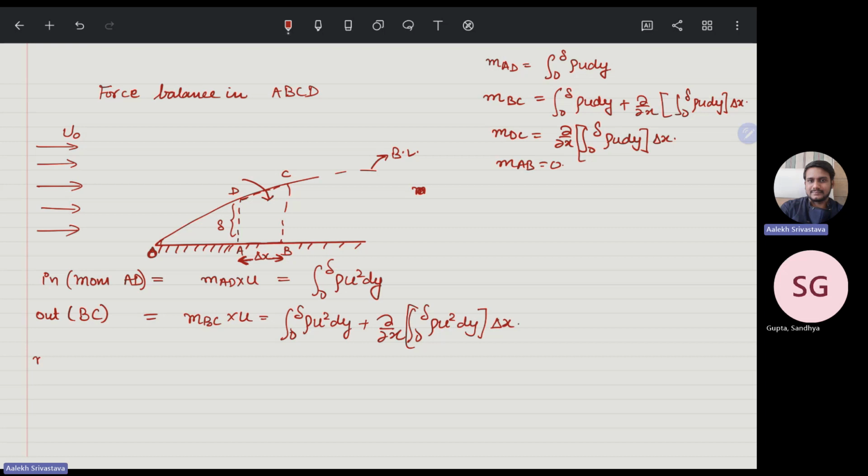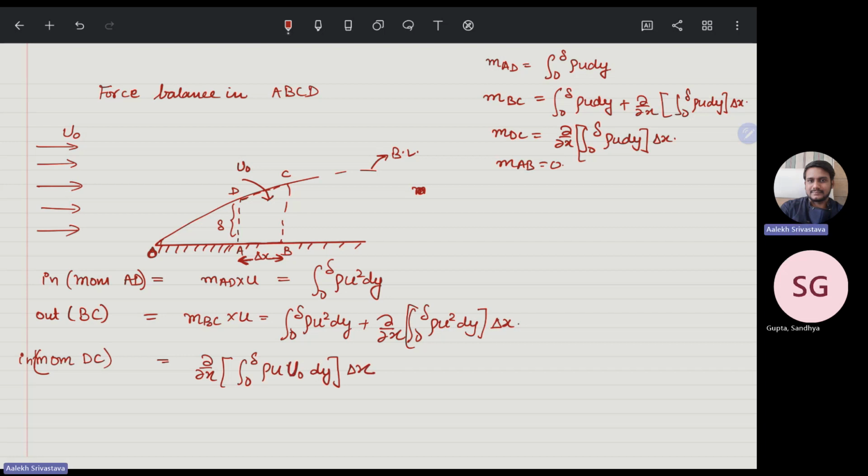Now, what is the momentum that will come in from DC? Above the boundary layer, you have a U0 velocity. So whatever mass comes will come with U0 velocity. Therefore, this is equal to ∂/∂x of the integral from 0 to δ of ρ u U0 dy Δx.